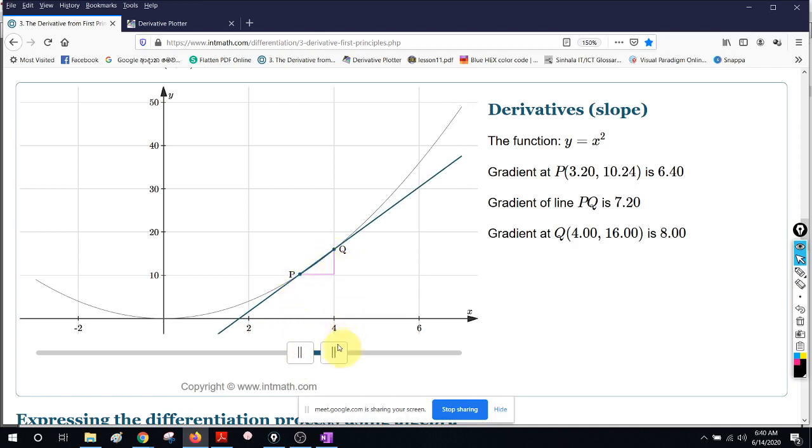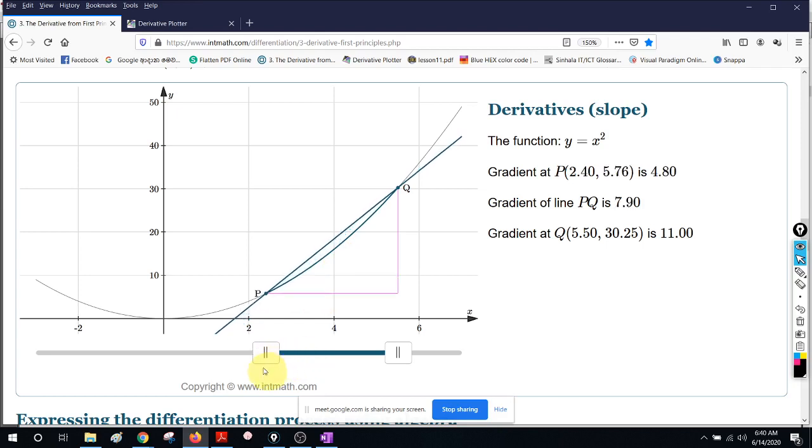I'm interested in the tangent here, but since I don't have a mechanism to do that, let's make Q somewhere here. Okay, so now my Q point is here, P point is here.